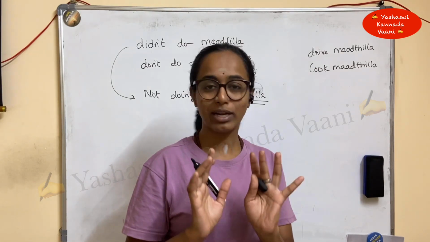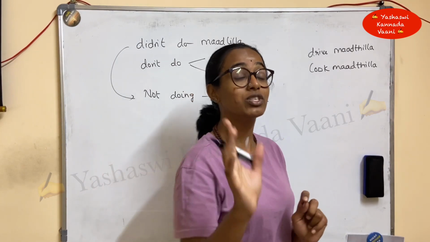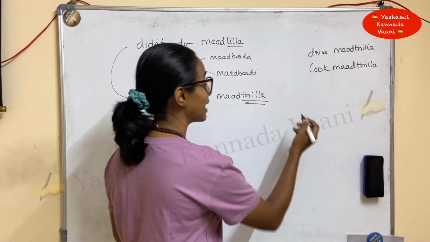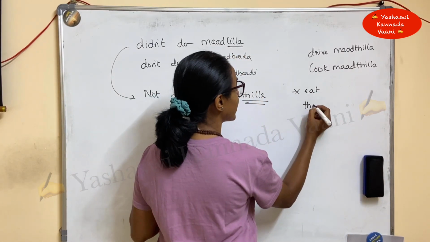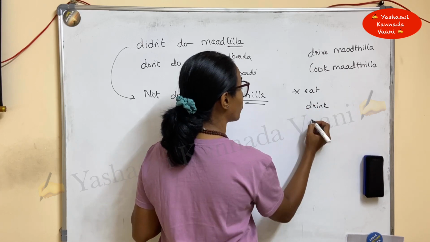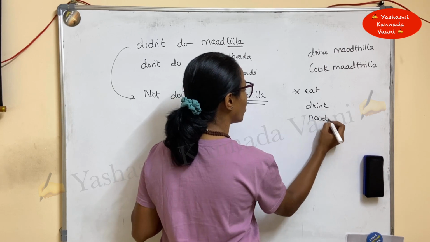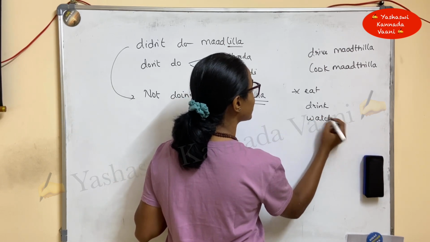But there are a few verbs which you cannot use in English with Kannada, such as eat. You can't say eat ಮಾಡ್ತಿಲ್ಲ. You can't say drink ಮಾಡ್ತಿಲ್ಲ. You can't say watch ಮಾಡ್ತಿಲ್ಲ. So for all those things, it's better to learn verbs in Kannada.